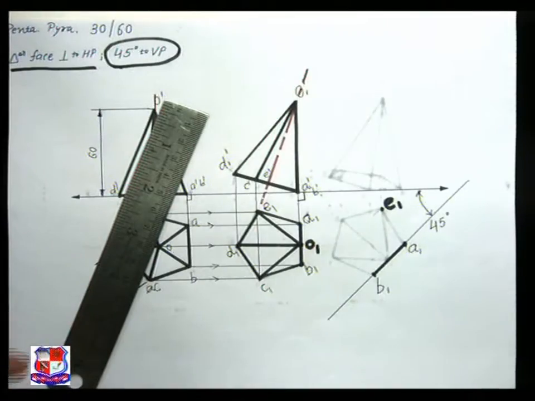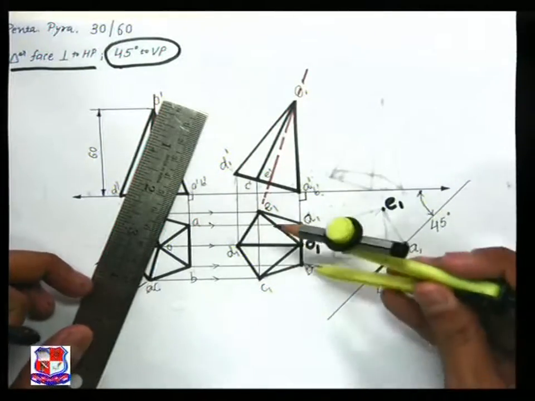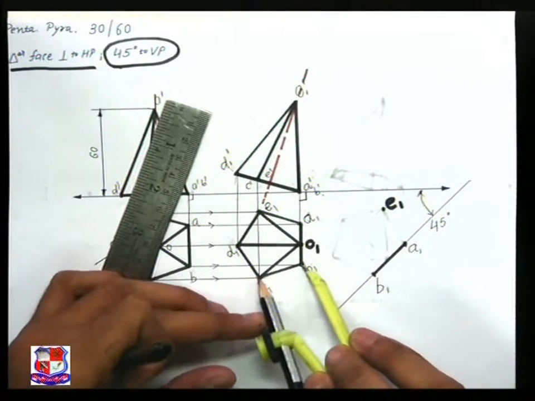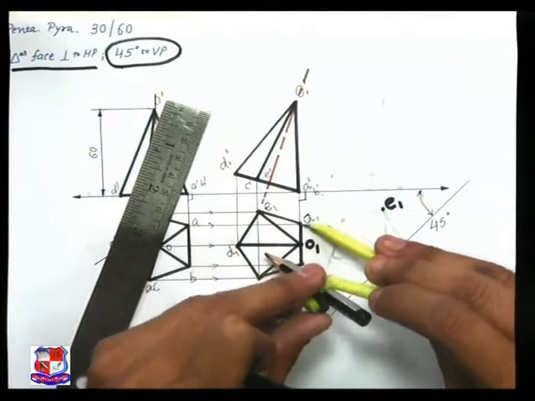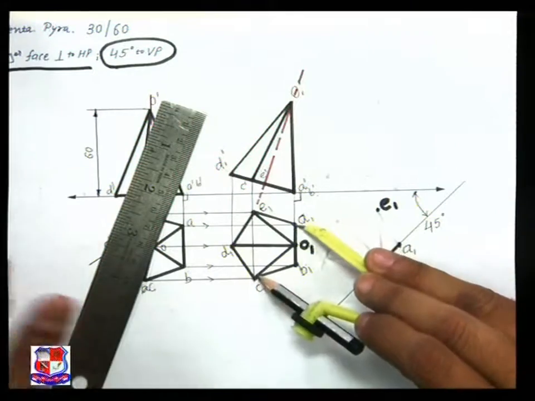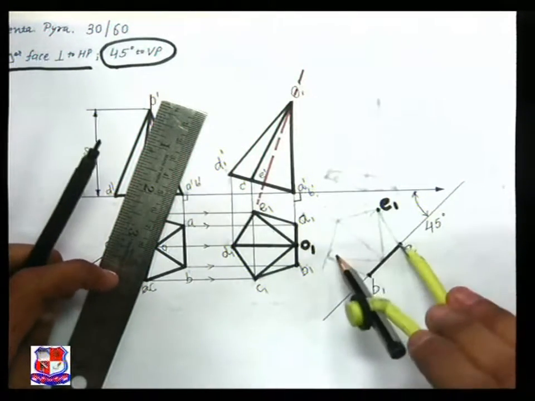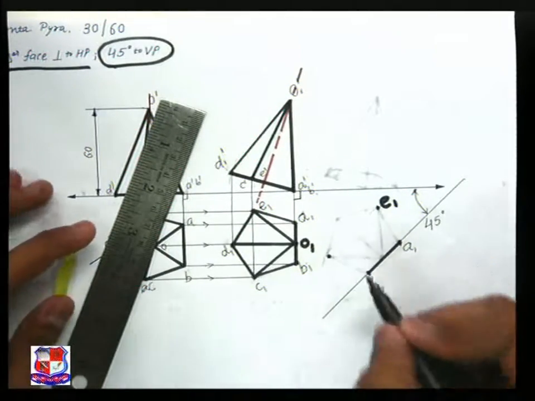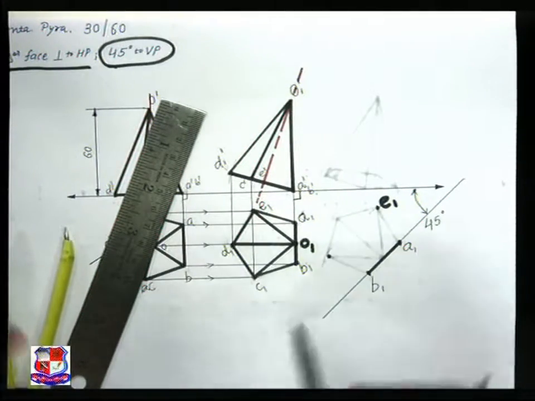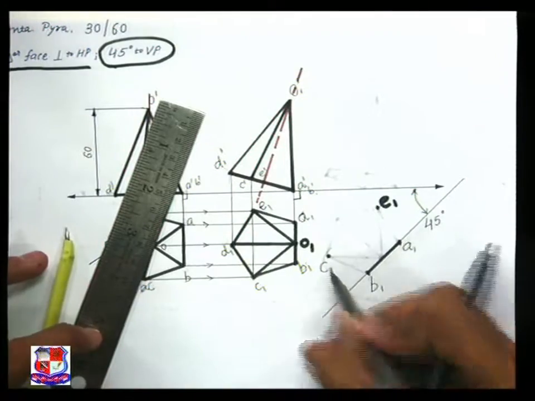Similarly, measure the distance B1 to C1 like this, B1 as a radius, draw an arc. A1 to C1, this distance as a radius, A1 as center, draw an arc. So somewhere here point C1 would be there. Name that point C1.